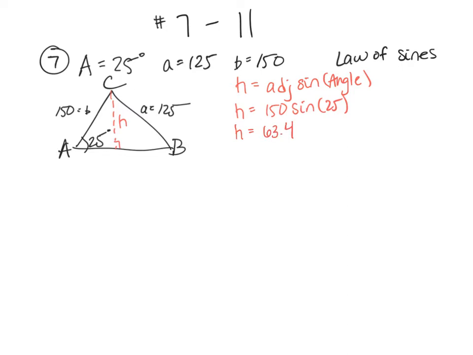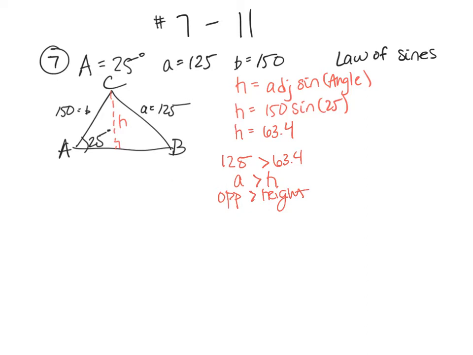I now have to compare that to my opposite side, or in this case, A. So we can say that 125 is in fact greater than 63.4, or A is greater than H, or that opposite side is greater than the height. So since that opposite side is greater than the height, that means we for sure have at least one triangle.